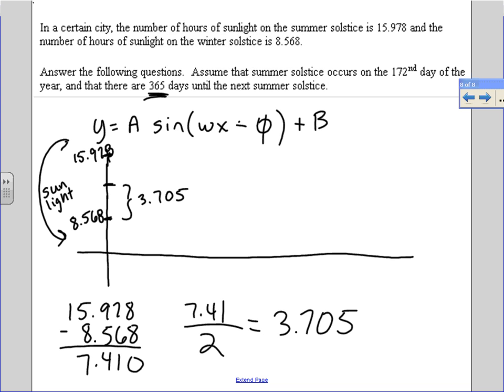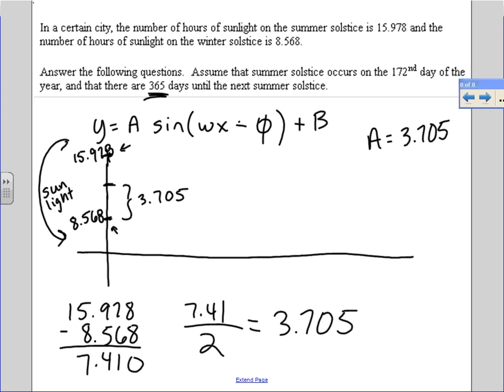Let's write that down over to the side. The amplitude is going to be 3.705. Now, the center line would be 3.705 units away from either this top value or this bottom value. So let's add that.